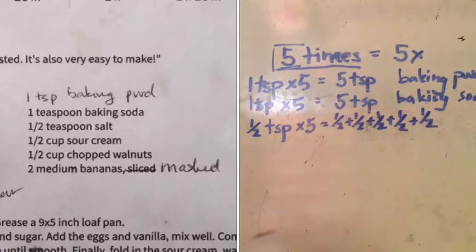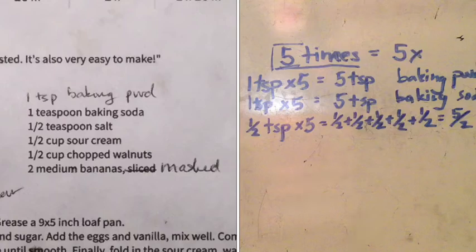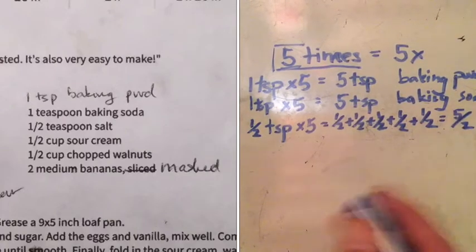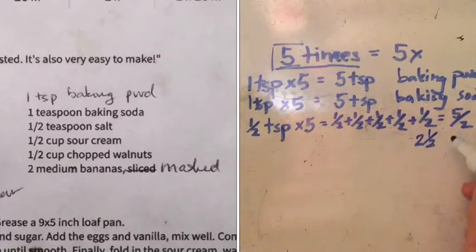That's 5 times, which would give us 5 halves. And when we convert that from an improper fraction to a proper mixed number, that would be 2 1/2 teaspoons salt.